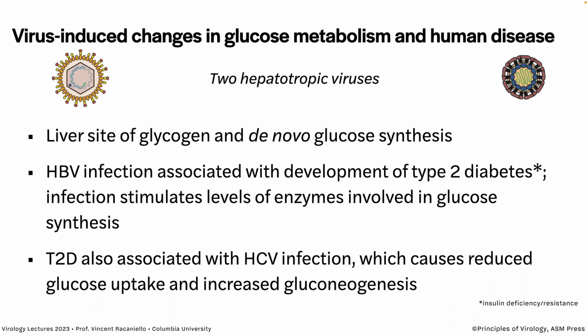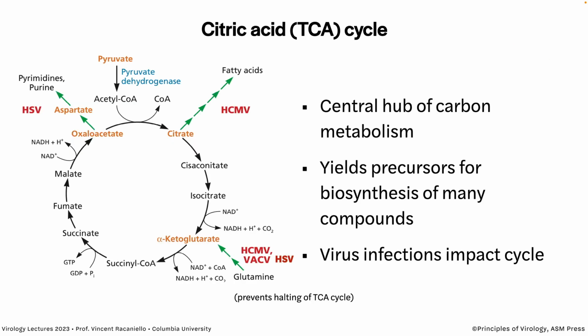Same occurs with hepatitis C virus, but a different mechanism. It reduces glucose uptake from the cells, but also increases gluconeogenesis. So these alterations I'm telling you about are not just of academic interest for understanding how the viruses reproduce, they have consequences for disease. That brings us to the citric acid or the TCA cycle.